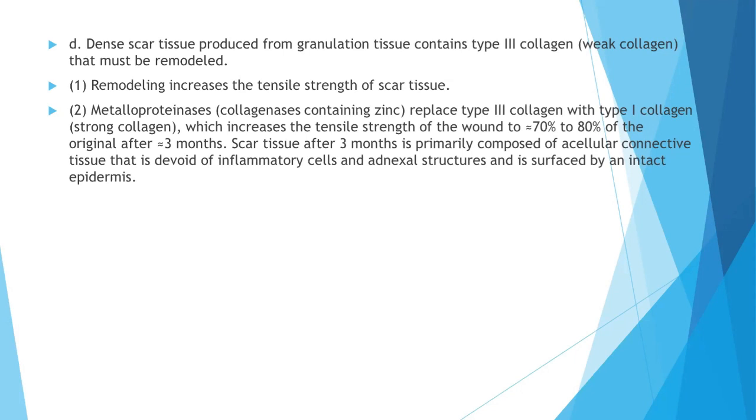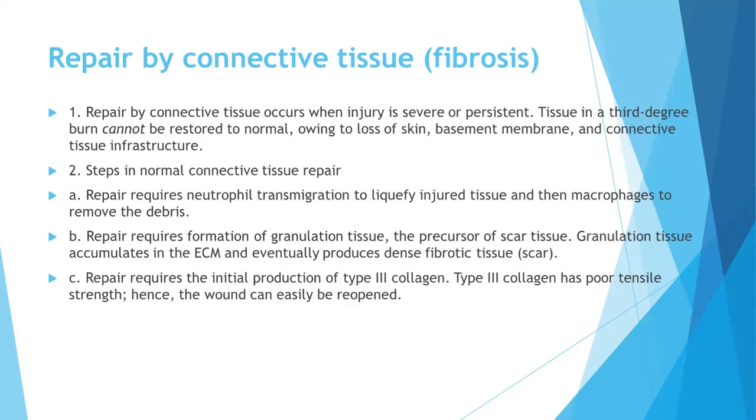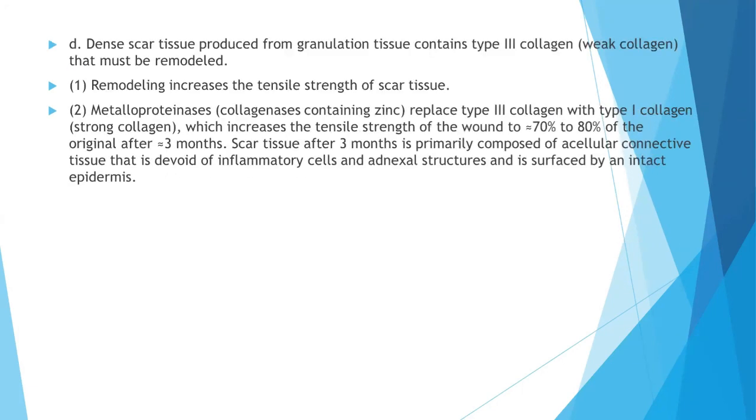And the metalloproteinases, that zinc one, replace the type 3 collagen with type 1 collagen, which is a strong collagen. So, first, you need to remove the debris and foreign bodies by macrophages, and then you need to form a scar tissue by the granulation tissue, and then there is the type 3 collagen. This type 3 collagen undergoes remodeling and gets transformed into type 1 collagen.